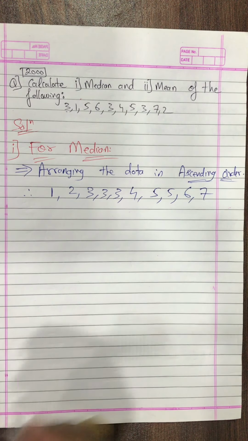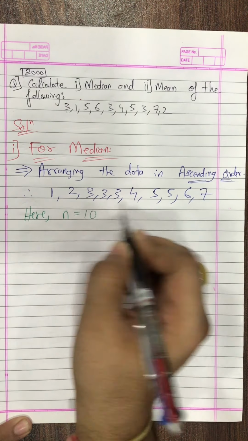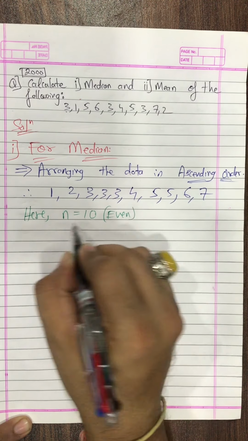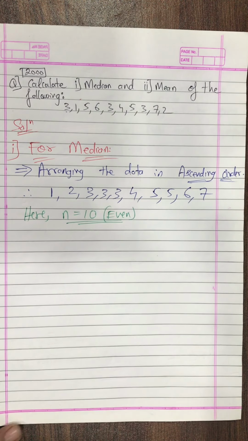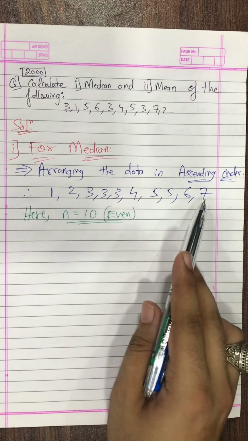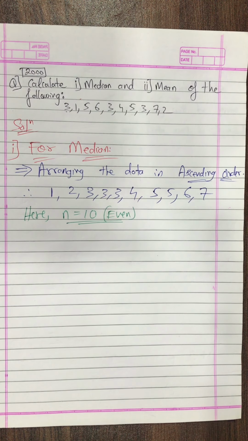We have 10 terms. Here n is equal to 10. N means the number of terms, and in the bracket we have to write even. Deliberately I took a question where we have an even number of terms because the formula is a little bit big over there.